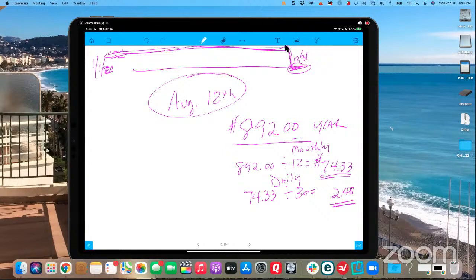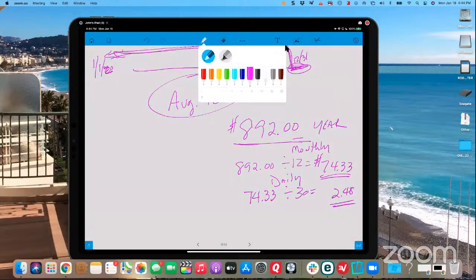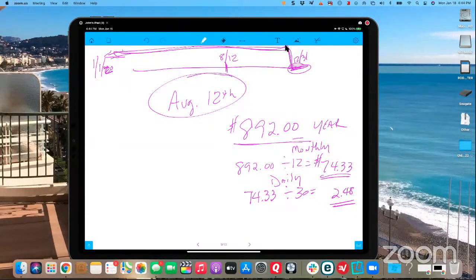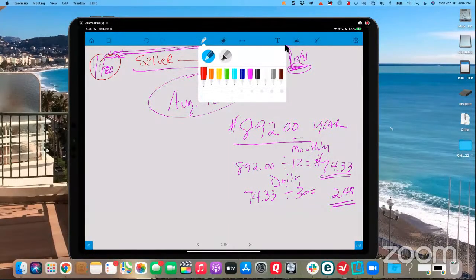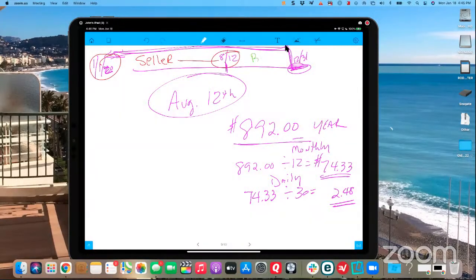So if we're closing on August 12th, you can see here that the seller is responsible for January 1st until August 12th, and then the buyer will be responsible for the balance of the year.